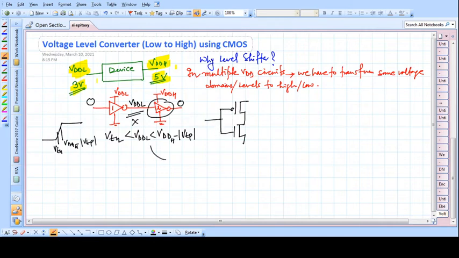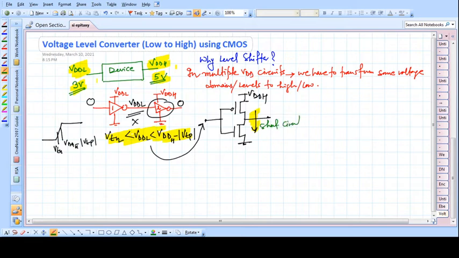So when this input VDD L goes to a high value of supply for this inverter circuit, if this inverter input lies between VTN and VDD minus VTP, there is a short circuit power dissipation in the circuit.